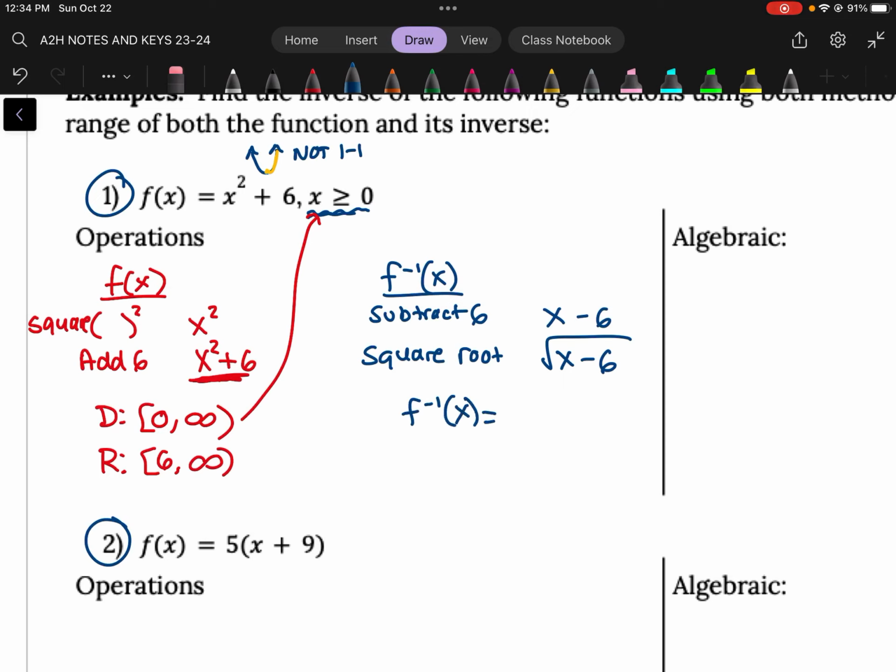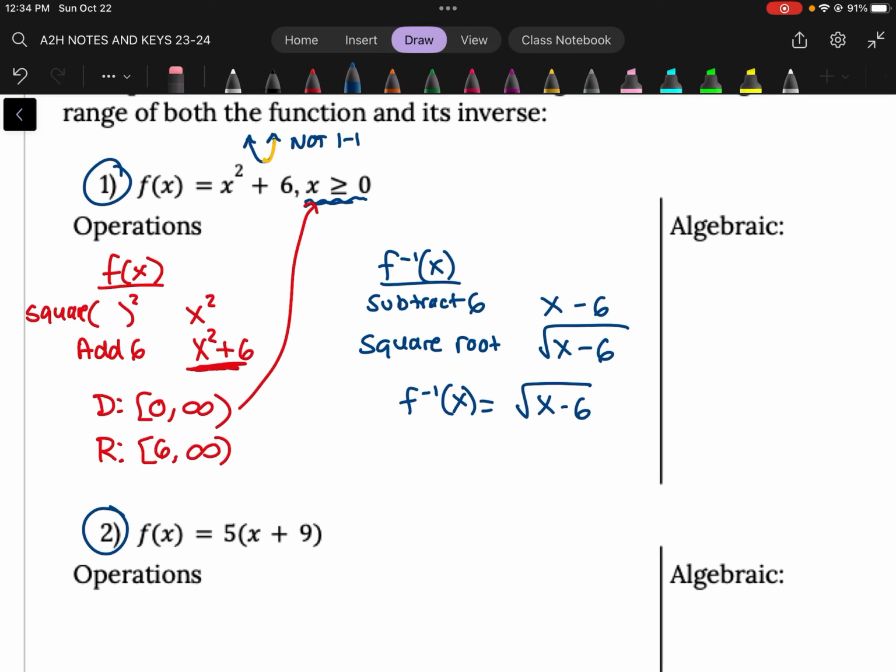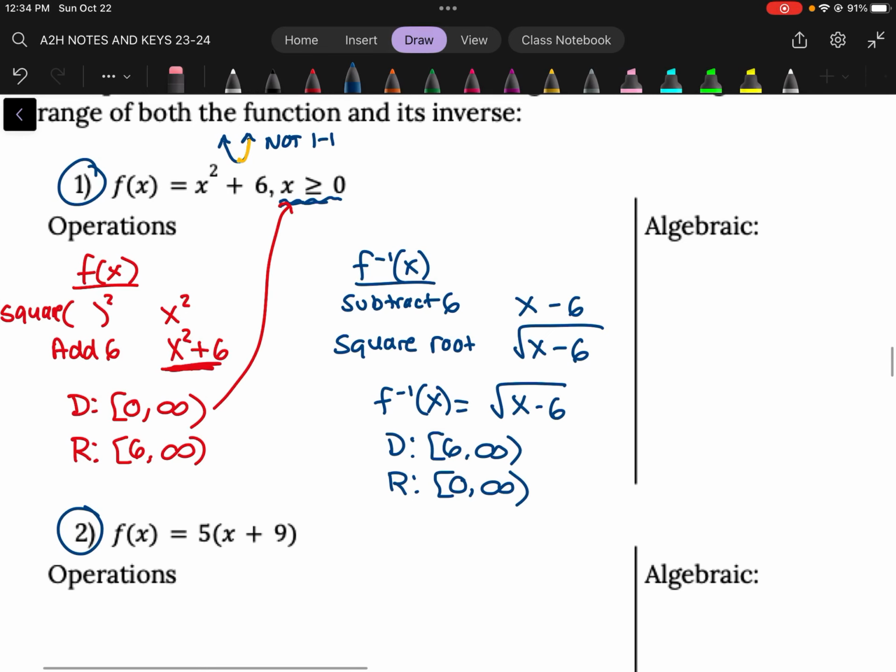Now, if I build my inverse function as the square root of x minus 6, right? It is sort of implicit that all we can take are values greater than 6, but that should make a lot of sense coming from our range, right? The domain now is 6 to infinity, and the range is 0 to infinity, right?